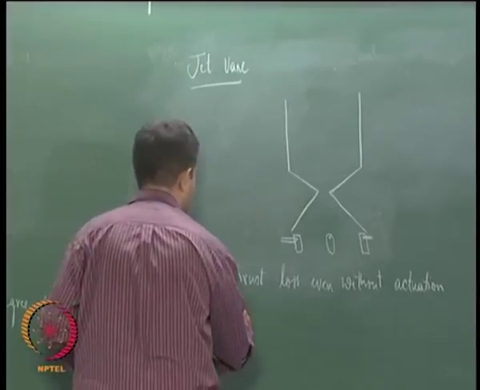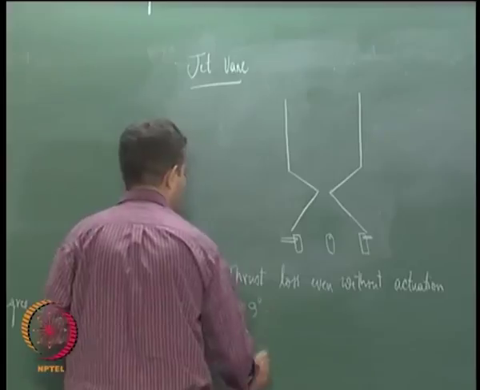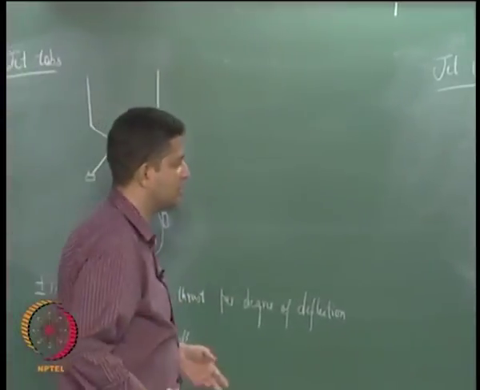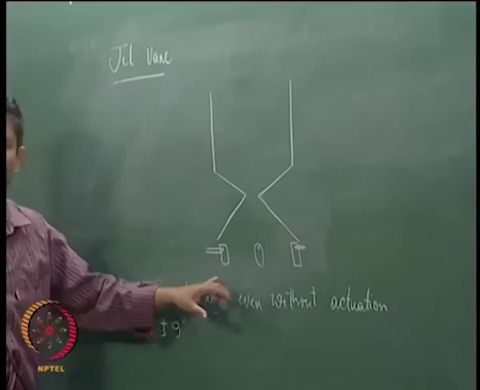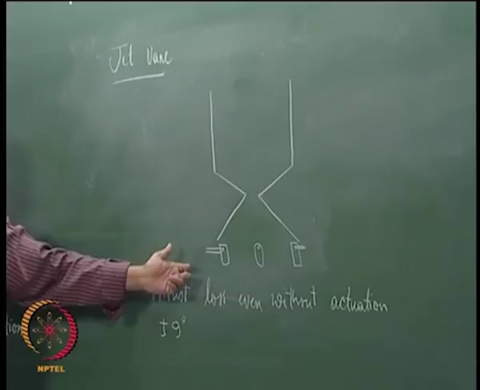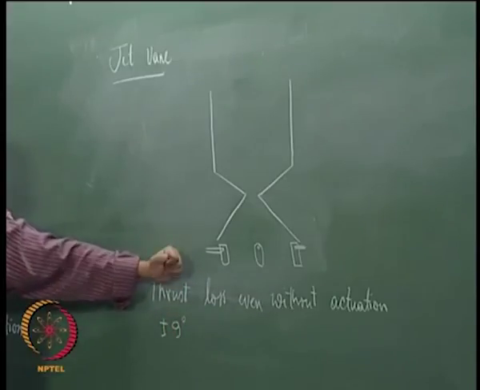You can get thrust vectoring of the order of plus minus 9 degrees, and the thrust loss will be more when it is actuated. Okay. It is there even without actuation in this case, and it will be more when it is actuated.